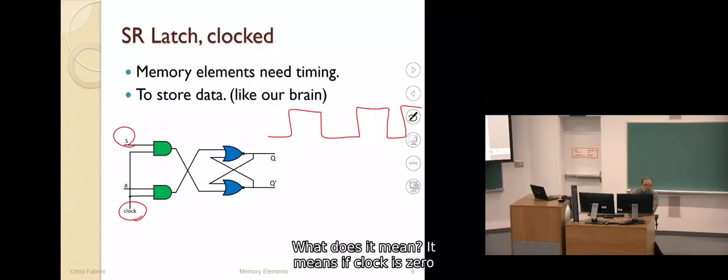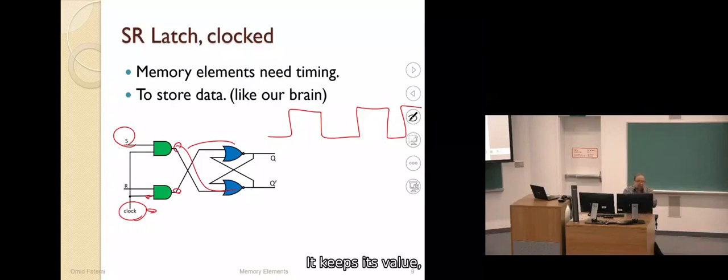If clock is 0, regardless of the value of R and S, here we have 0 and here we have 0, and when S and R are 0, it doesn't do anything. It keeps its value. The Q will remain as it was before.